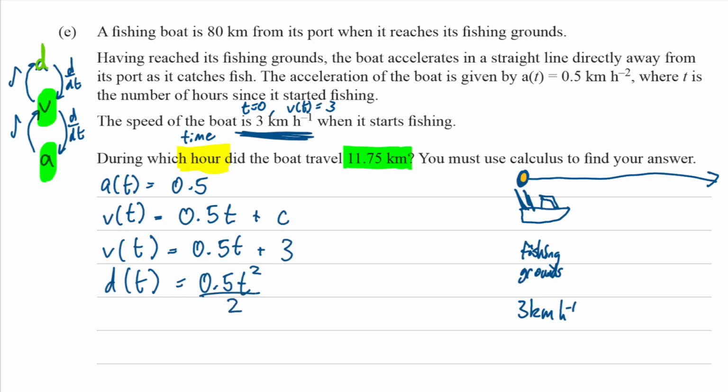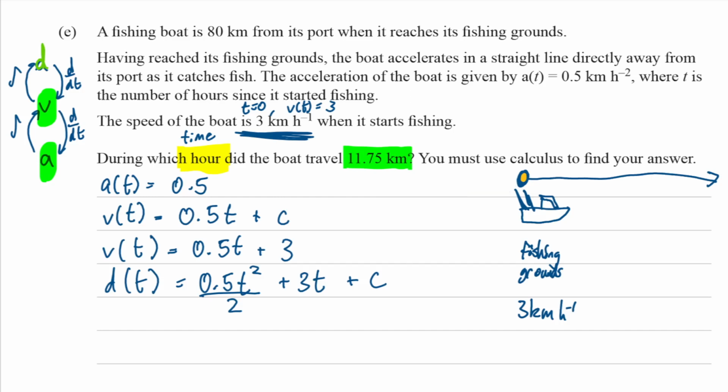The antiderivative of plus 3 is plus 3t. And of course, we have a new integration constant, plus c. Cool. Now what is the initial distance of the boat? Here you could think of it in two ways. If you included the port, like we did before, the distance from the port is 80, so that could be your value for C.